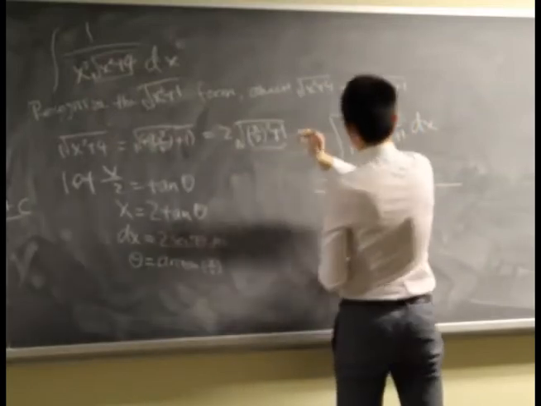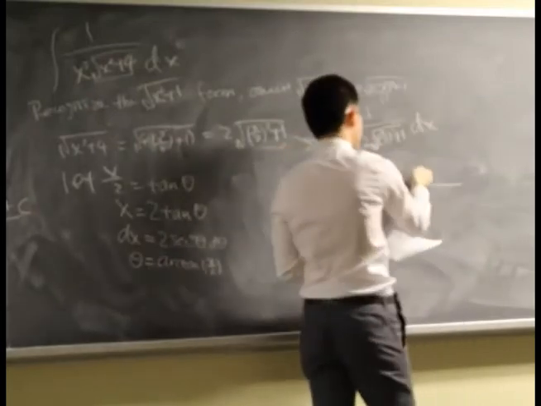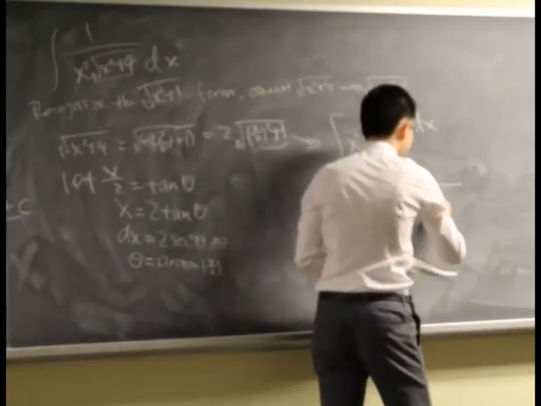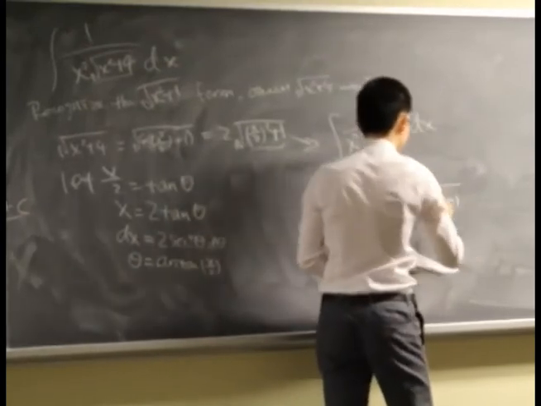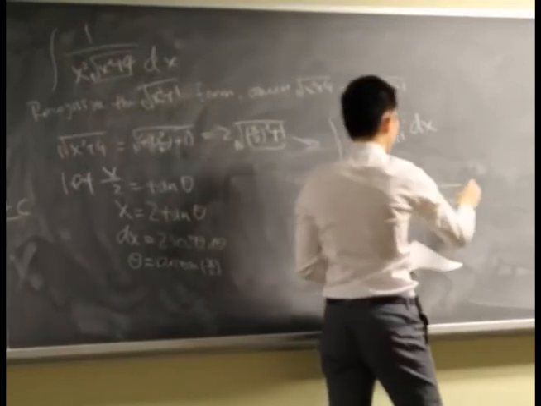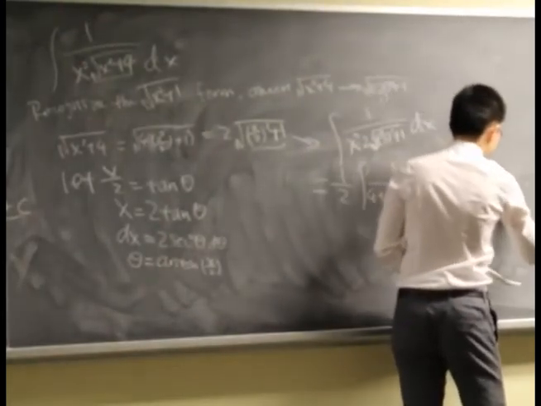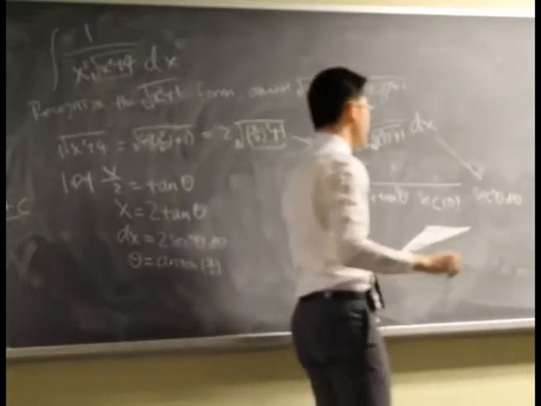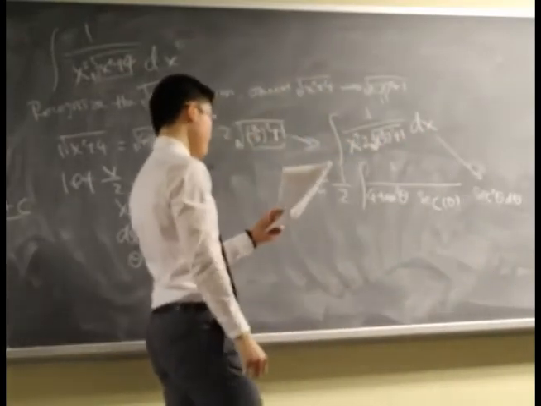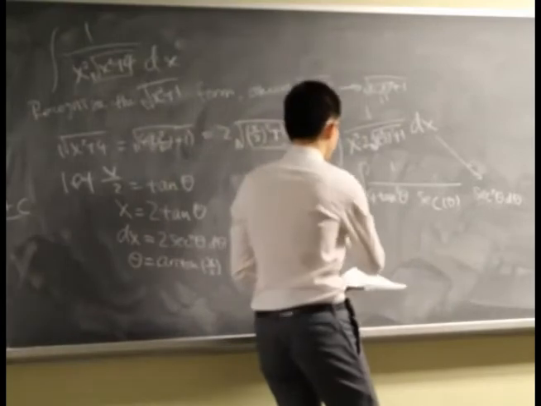Using the third identity over there, that gives me secant squared, which is square rooted into secant theta, and on top, dx will turn into secant squared theta d theta. I believe that's correct so far.